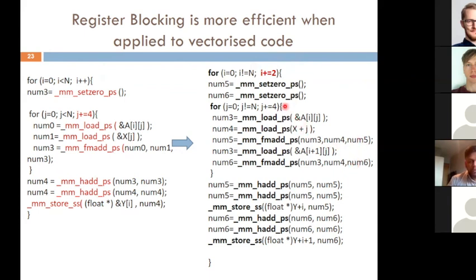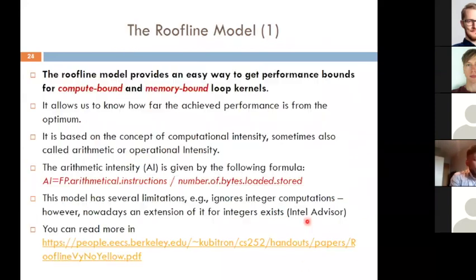It means we're not fetching data from the main memory, but using the registers rather than going to get data from the slowest main memory. Vectorization is already effective, and on top of that, if we apply register blocking, it's going to be faster and more beneficial. So this is what we can do with register blocking.